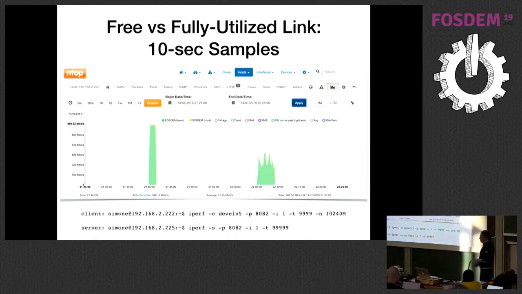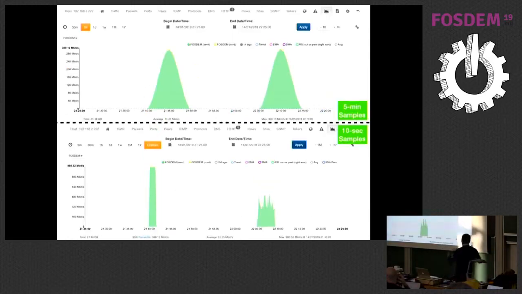If we look at the transfer over the congested link, that's really different, because we see that the throughput is not even 1/2 of the throughput done over the free link, and there's also a sawtooth behavior that we can see in this chart. So you see, going from 5-minute samples down to 10-second samples unveils patterns that are interesting and that are completely unnoticed if we use 5-minute samples.